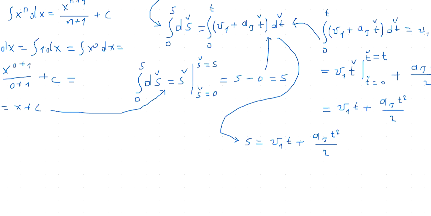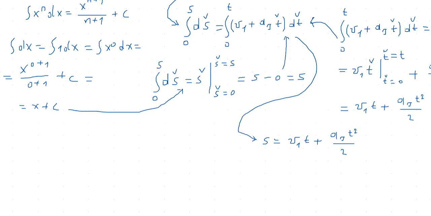But we know that according to the condition, s at the moment in time equal to tau, at this moment half of a circle was passed.